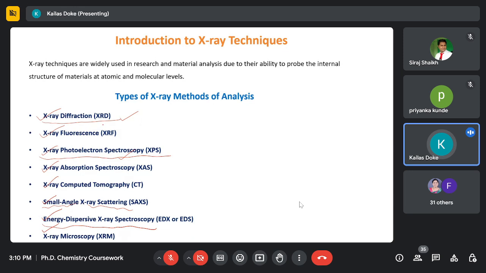These two techniques, physical chemists know from special courses of second year physical chemistry. These two courses were taught at the PG level, X-ray diffraction. But for first year also, and in undergraduate classes also, you are familiar with X-ray diffraction techniques. So we will begin today with X-ray diffraction, and if time permits, we will go for the introductory part of X-ray photoelectron spectroscopy.